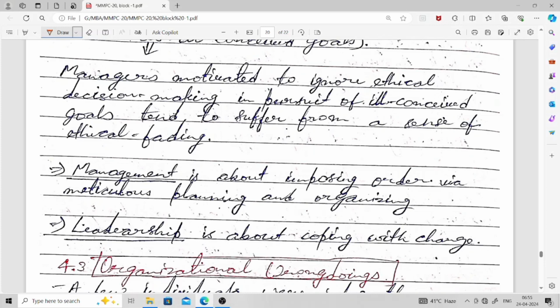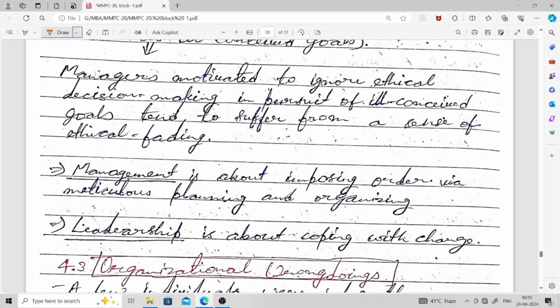Managers try to achieve those goals, and during this process they tend to suffer from a sense of ethical fading, because they are not taking decisions in accordance with ethical principles. They are analyzing the situation in accordance with the ill-conceived goal set by the organization.